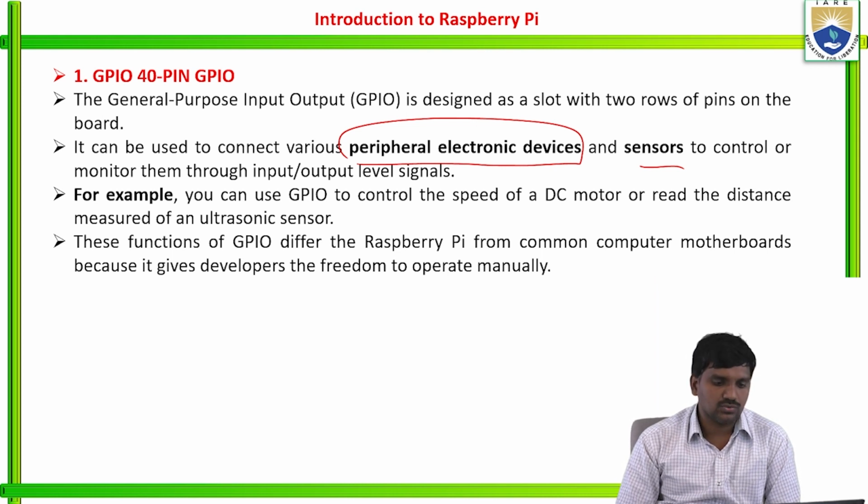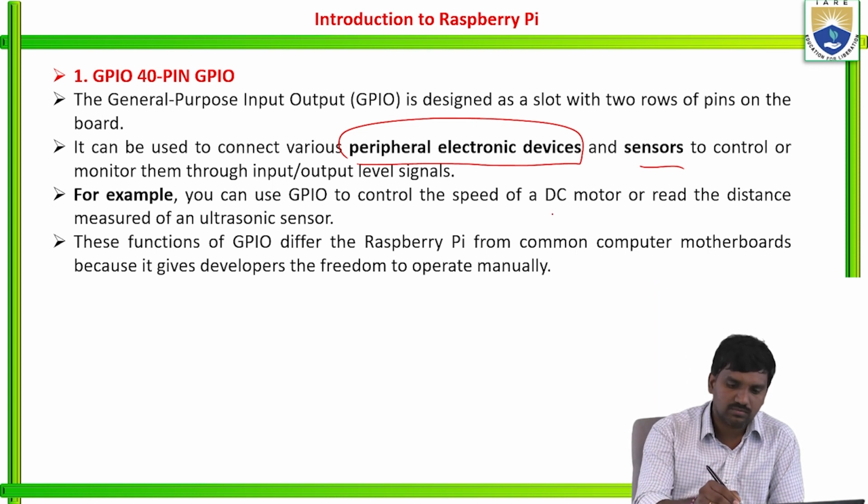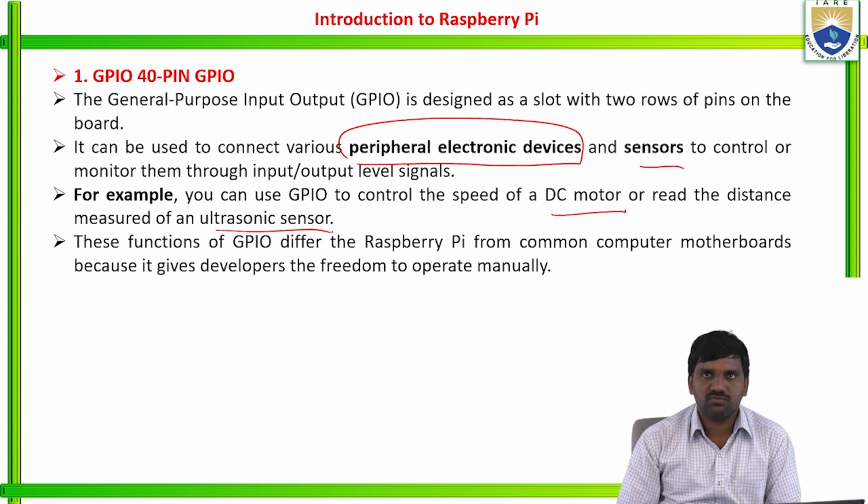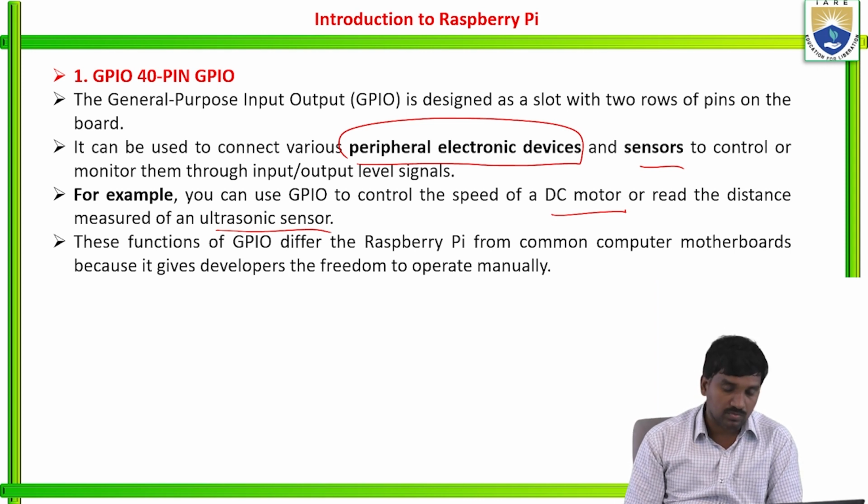For example, you can use GPIO to control the speed of a DC motor, or to read the distance measured by an ultrasonic sensor. These functions of GPIOs differentiate the Raspberry Pi from common computer motherboards, because it gives developers the freedom to operate manually.